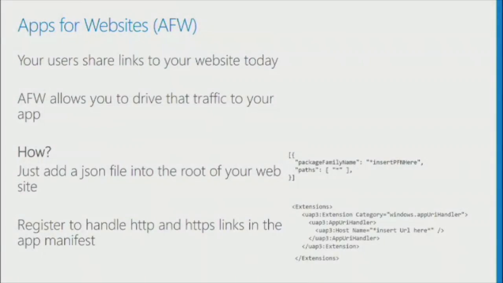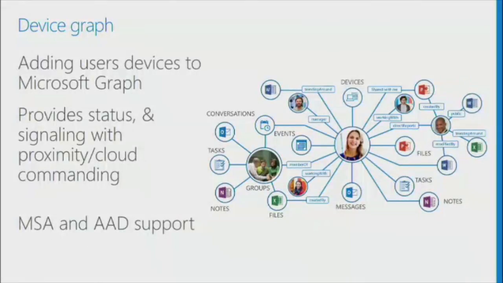You can give it specific paths. You might want some paths on your website to actually go to your website, some paths to go to your application. And then in the manifest, you just register for the HTTP and HTTPS links. Those of you out there today, you'll see that Facebook is already doing this on Windows today. And it really drives you into the application more.